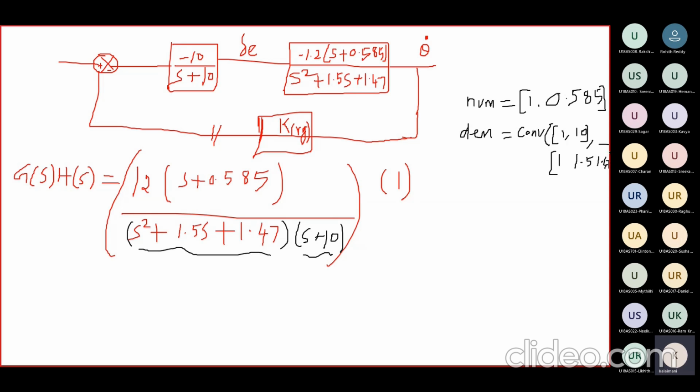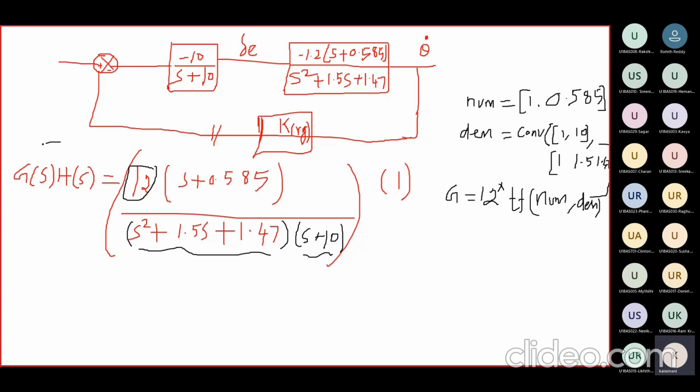Then you close the bracket. Then define G as your transfer function. Here there is also the multiple of 12, therefore use 12 times the transfer function, tf of numerator comma denominator.